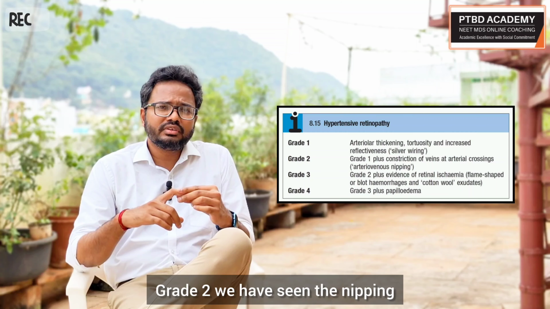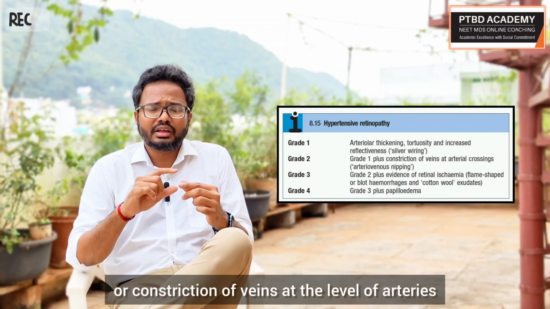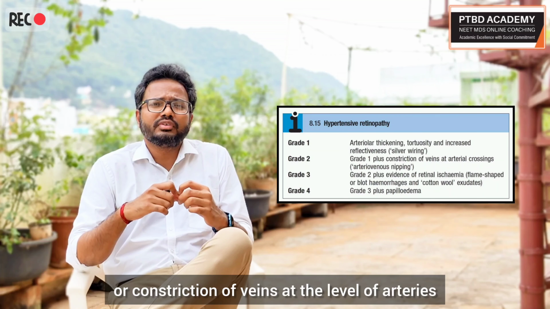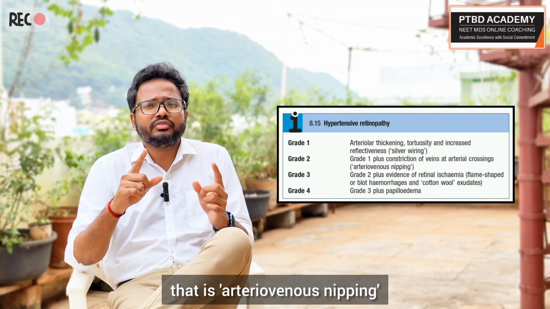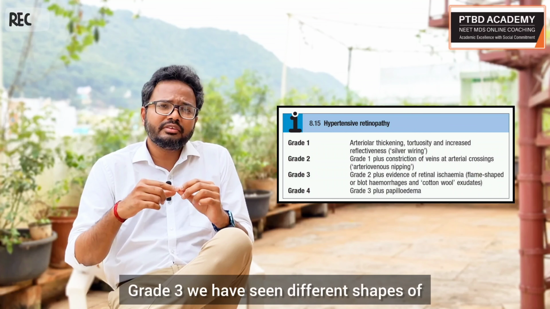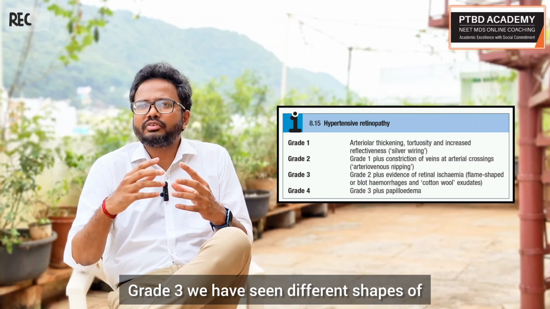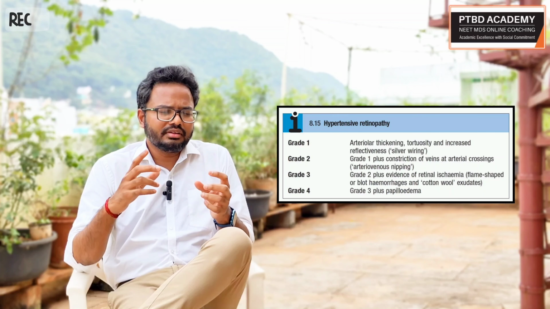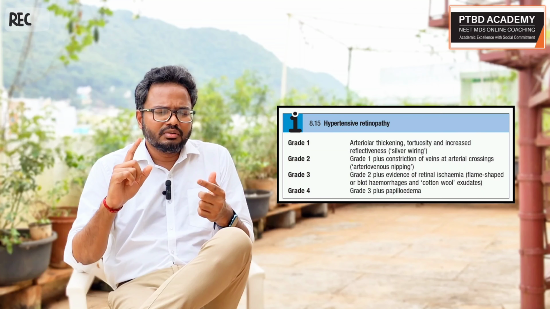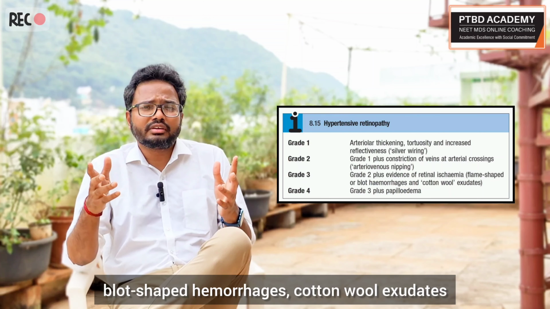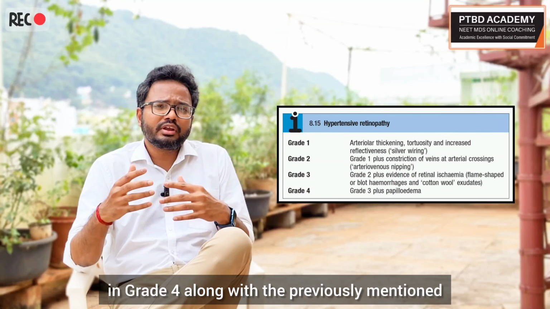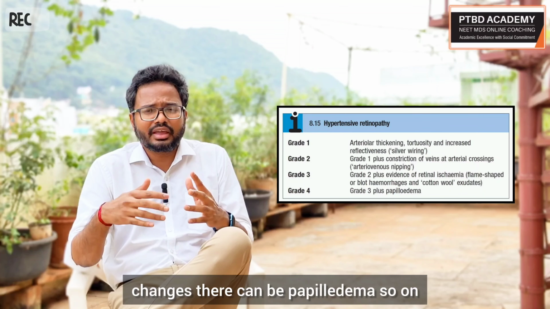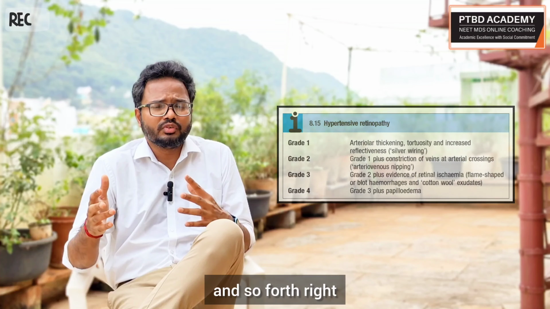Grade 2, we have seen the nipping or constriction of veins at the level of arteries, that is arteriovenous nipping. Grade 3, we have seen different shapes of hemorrhages, as mentioned in Davidson, that is flame-shaped hemorrhages, blot-shaped hemorrhages, cotton wool exudates. And in grade 4, along with the previously mentioned changes, there can be papilledema, so on and so forth, right?